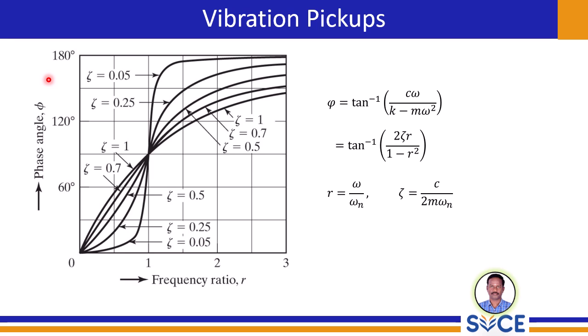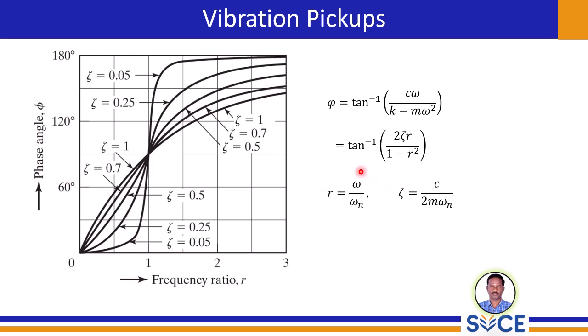Here we can see that the phase angle varies with respect to the frequency ratio r and the damping ratio. Mathematically, the phase angle phi is given by tan inverse of c omega divided by k minus m omega square. Similar to what we did with amplitude response, we can express this phase angle in terms of frequency ratio r and damping ratio.